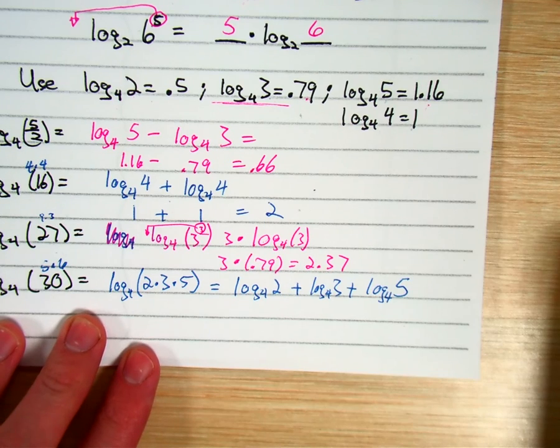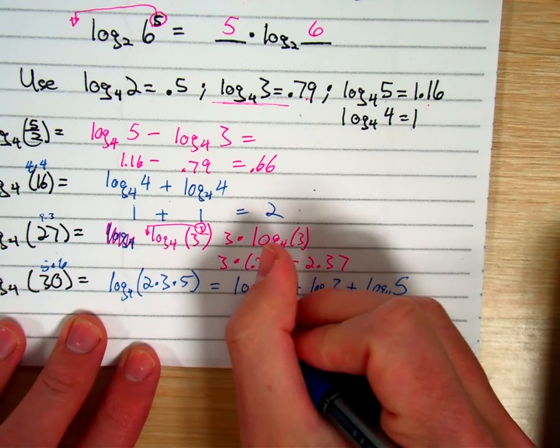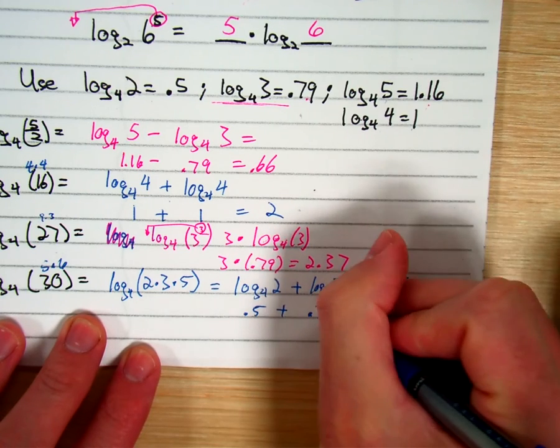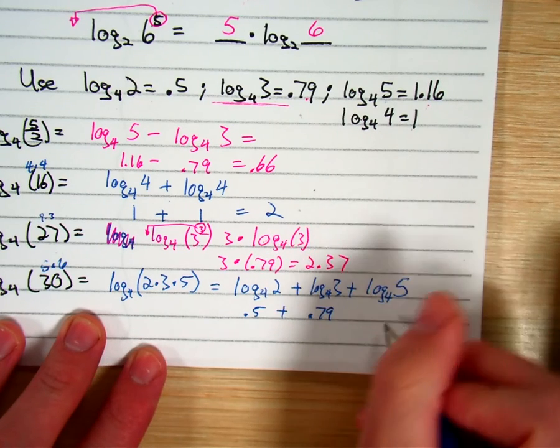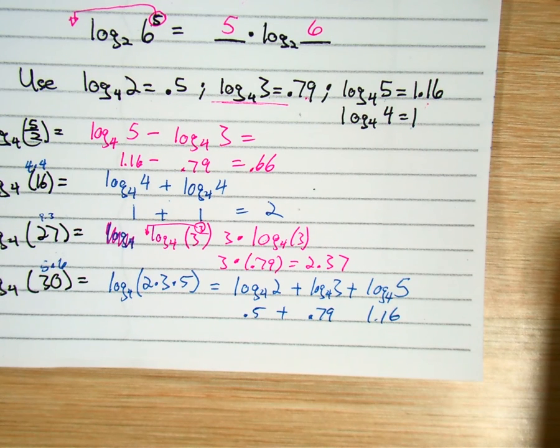And now I have all 3 of those up here. That's 0.5. And this one's 0.79. And this one's 1.16. Okay, and if we add those 3 up, I'm seeing 2.45.